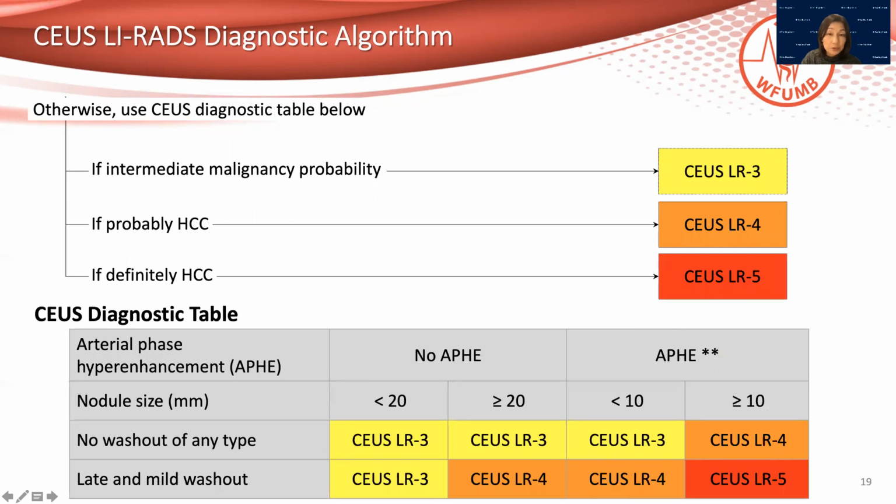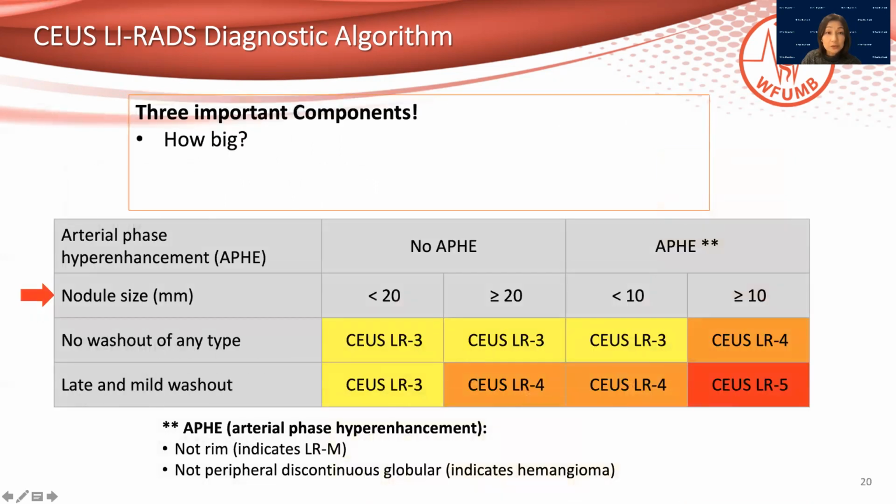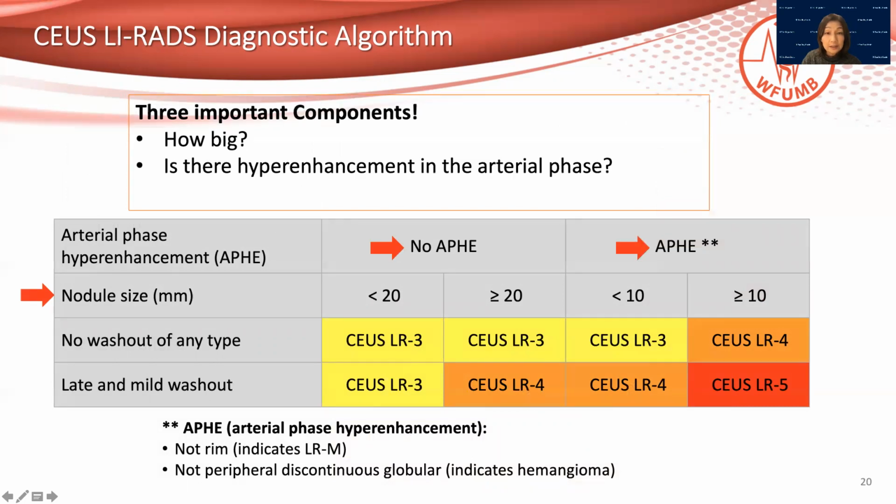You will have LIRADS 3 and 4 and 5. To use this table, we need to look at three important components: how big the nodule size is, the presence or absence of AFI, and note this AFI is not rim or peripheral discontinuous globular, because LIRADS M is already excluded, and LIRADS 1 or hemangioma is already excluded.